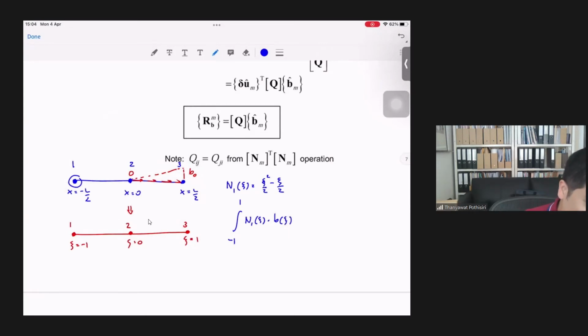And I also need the Jacobian, this right here, because I'm changing from an integral in the Cartesian coordinate system to the parametric coordinate system. So this is basically what I need. All this information would give me the equivalent body force at node 1.